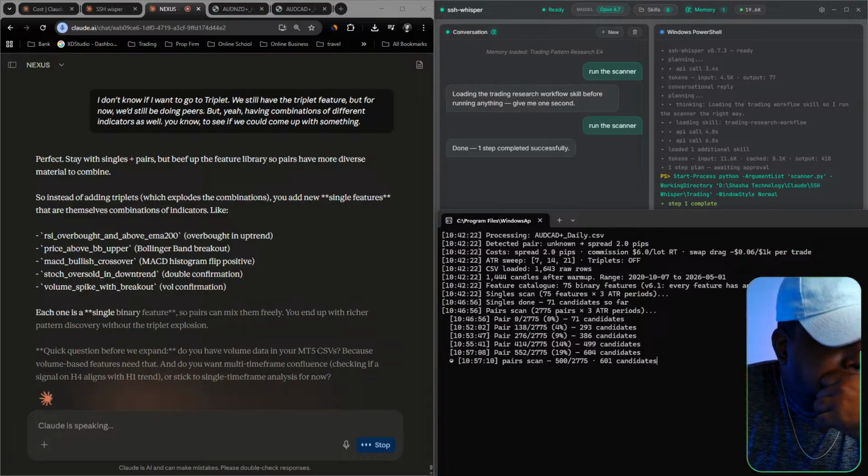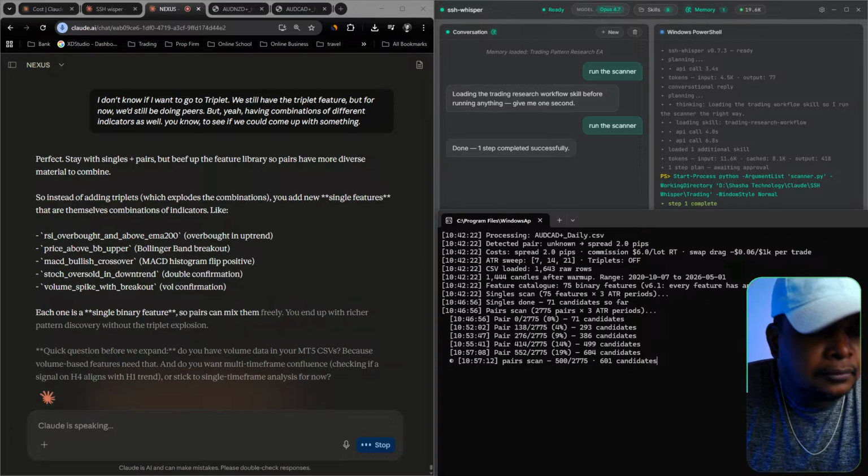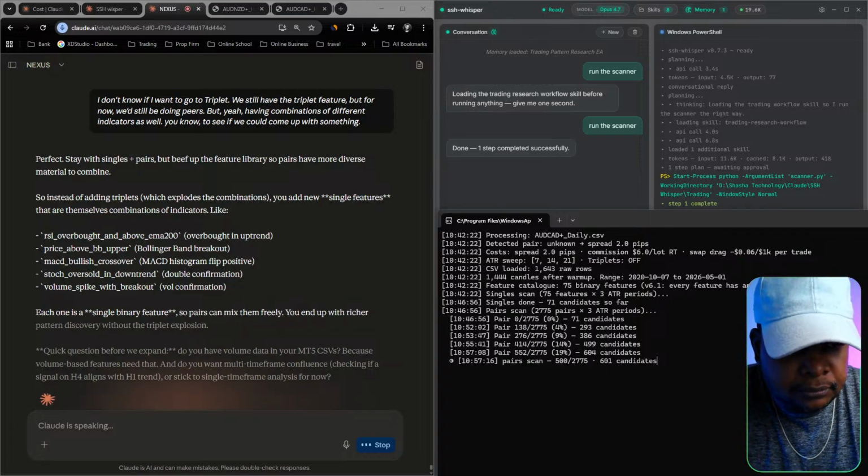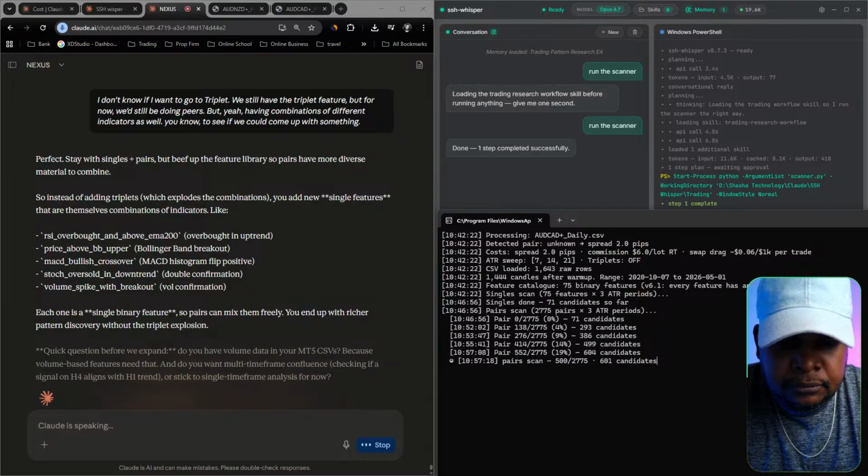Each one is a single binary feature, so pairs can mix them freely. You end up with richer pattern discovery without the triplet explosion.